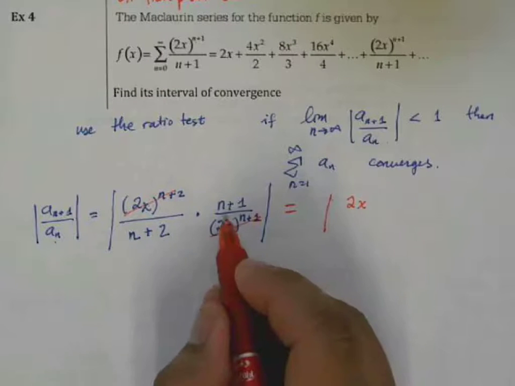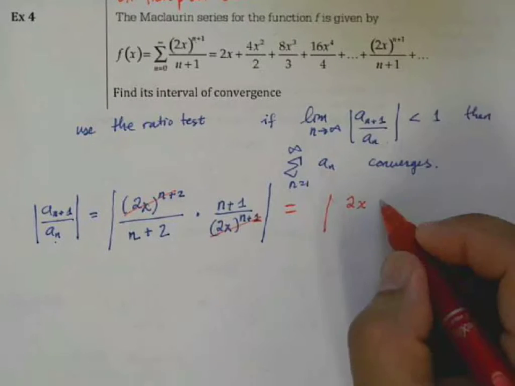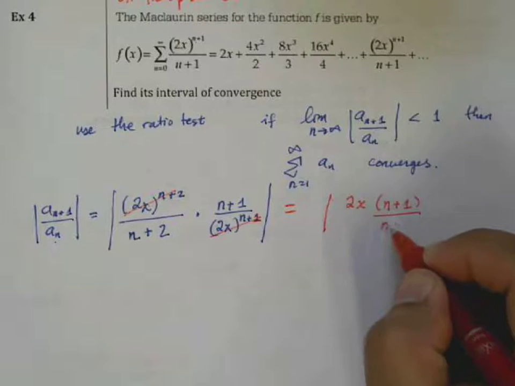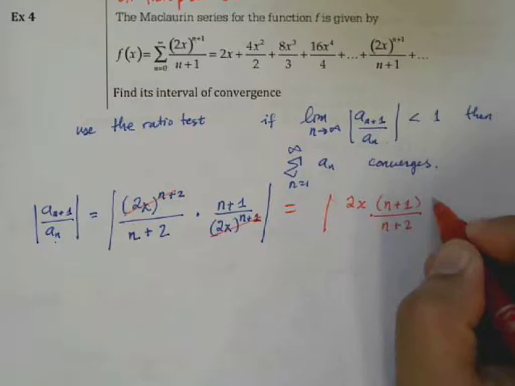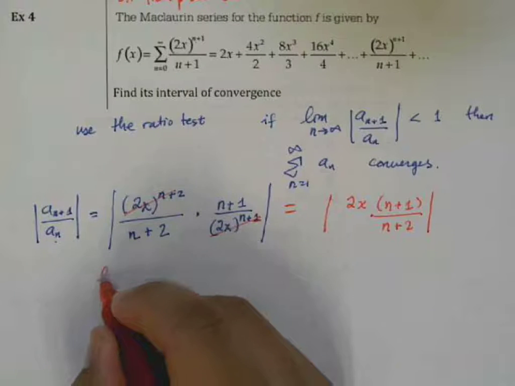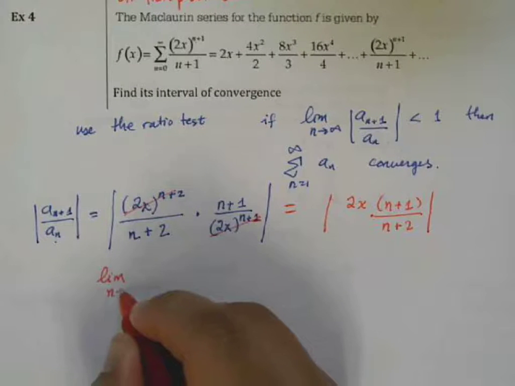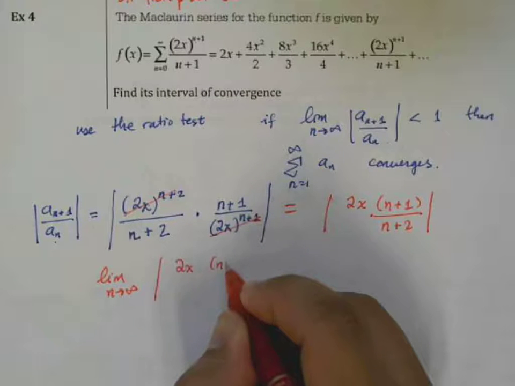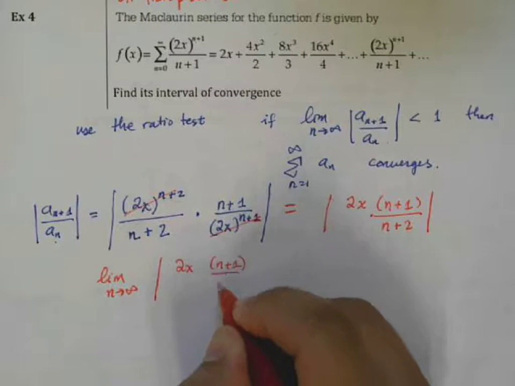The two remaining terms, n plus 1 and n plus 2, don't really cancel each other out. And now we want to take the limit as n approaches infinity of 2x times n plus 1 over n plus 2.